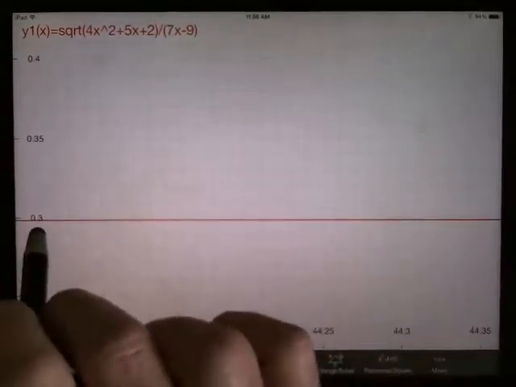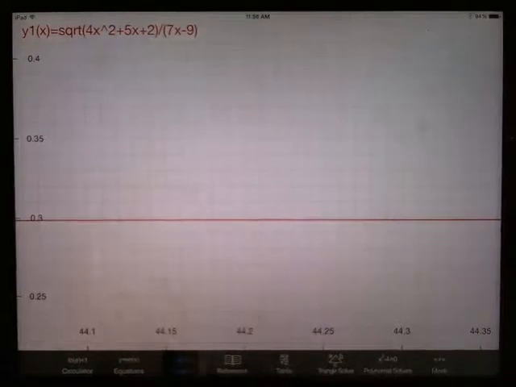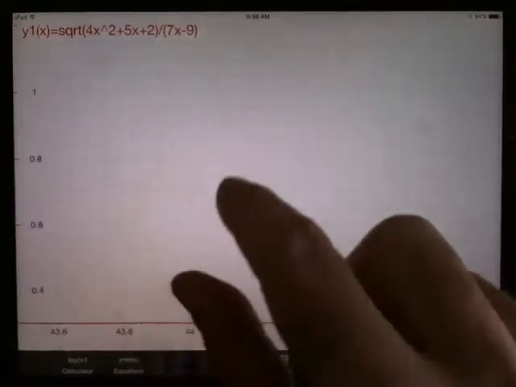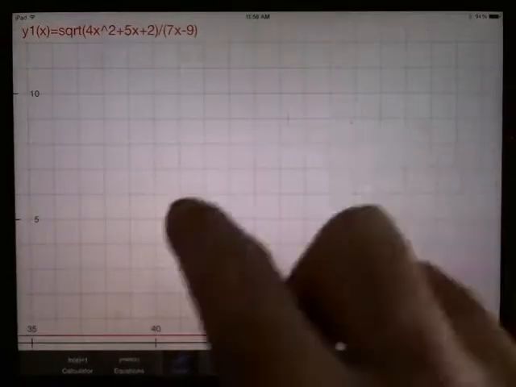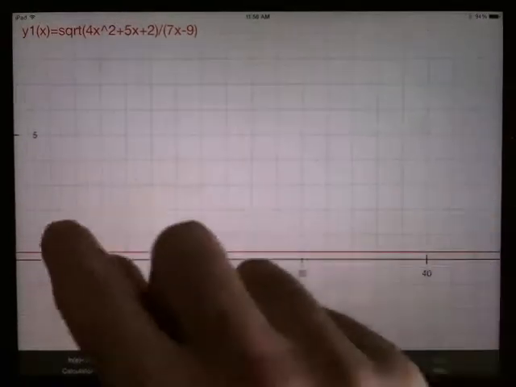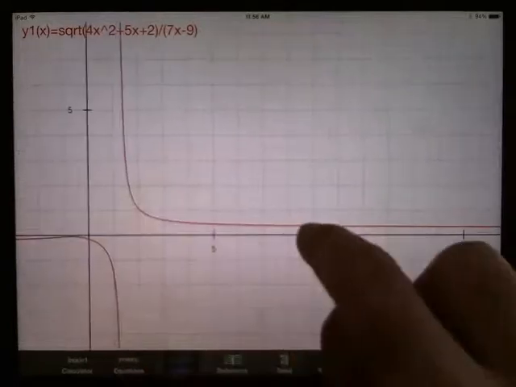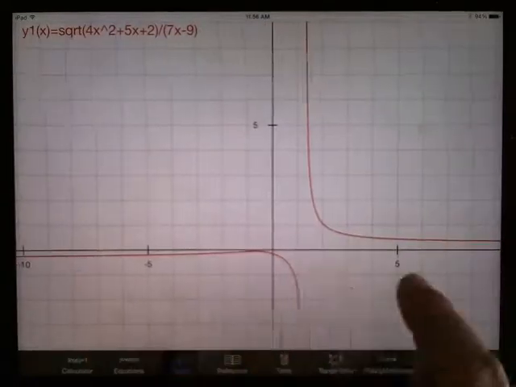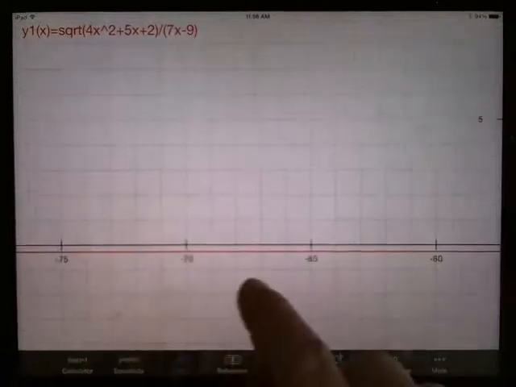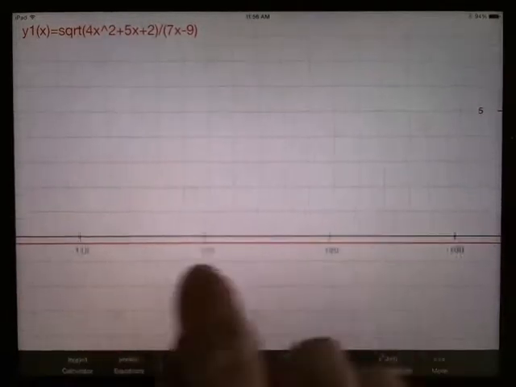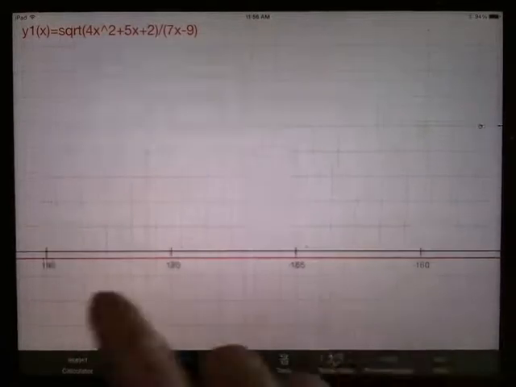I've gotten a little bit below 0.3 now, and the further I go, the closer it's going to get to 2/7. And then I want to see what's happening on the negative side. So I'm zooming out a little bit here. Let's come back. Okay, there's the axis. Let's go over to the negative side and see now the horizontal asymptote is down here at negative something.